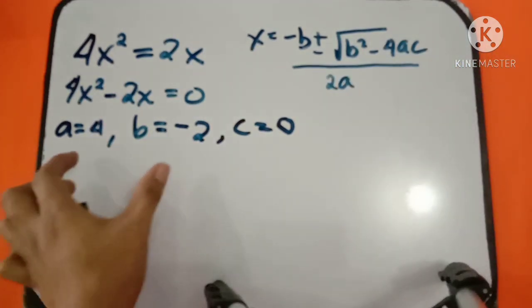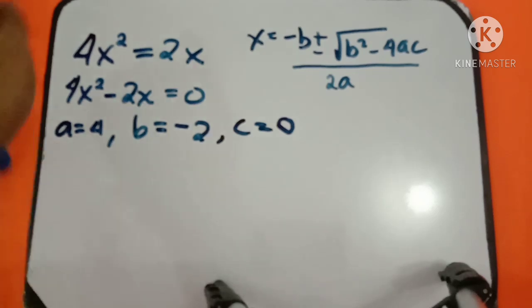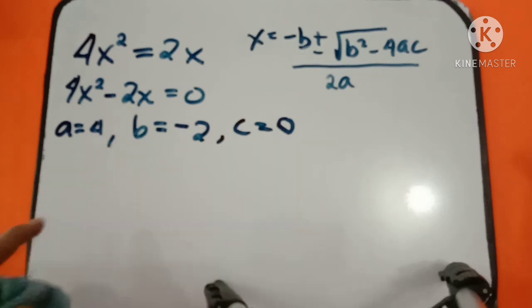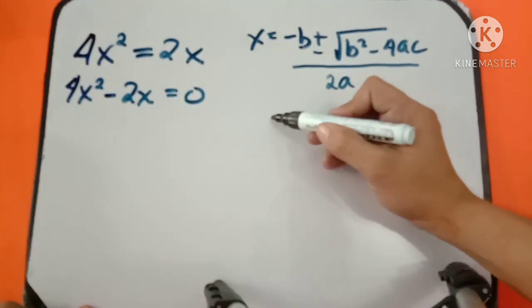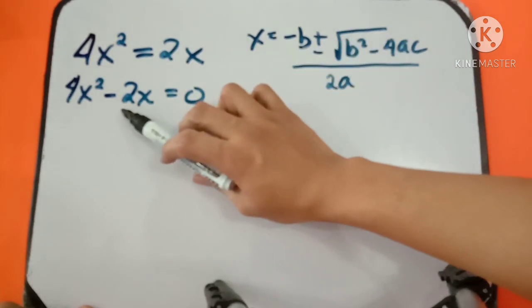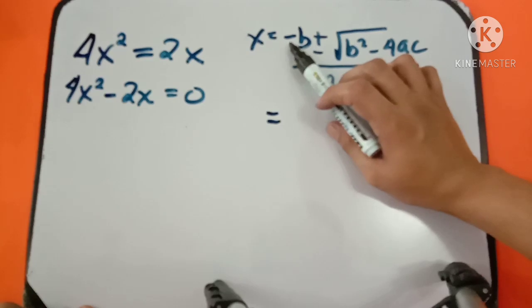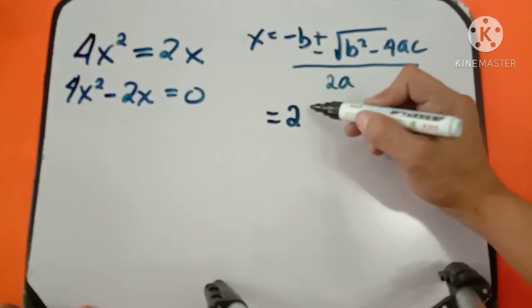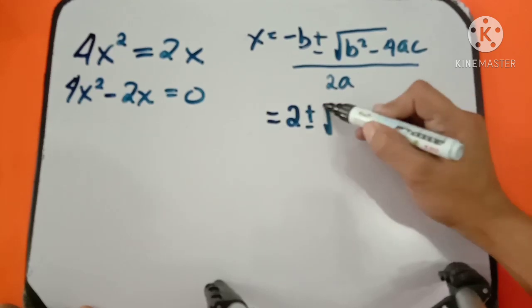We simply substitute these values into their corresponding variables. Remember, the value of a is 4, b is negative 2, and c is 0. So we have here, our b is negative 2. Then we have here negative, so negative times negative 2 is positive 2. Then positive negative, the square root of.